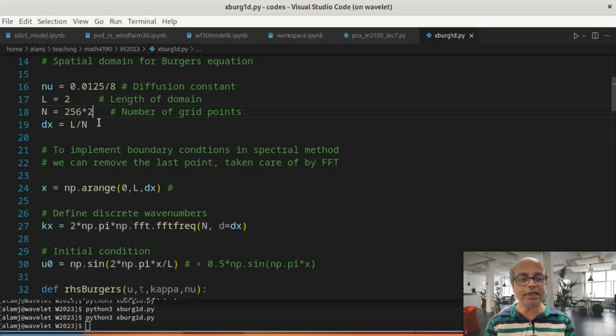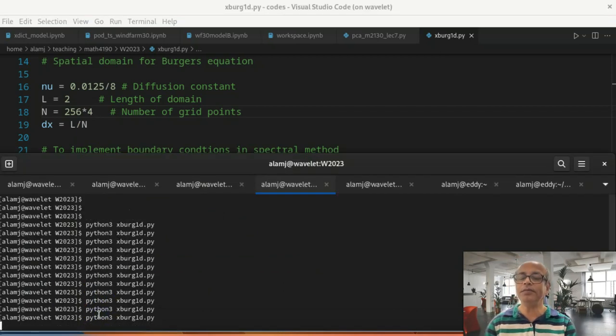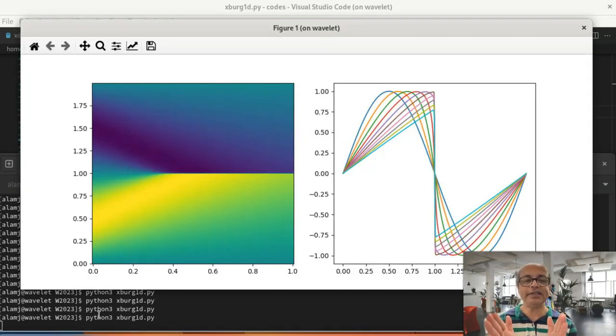So let's say I increase the number of grid points in line 18, 256 times 4, which is 1024. This time the code will be a bit slow, but yeah. So we can see that if the number of grid points increases, then this shock is captured much more accurately than with fewer grid points, and this time the oscillations are almost gone.